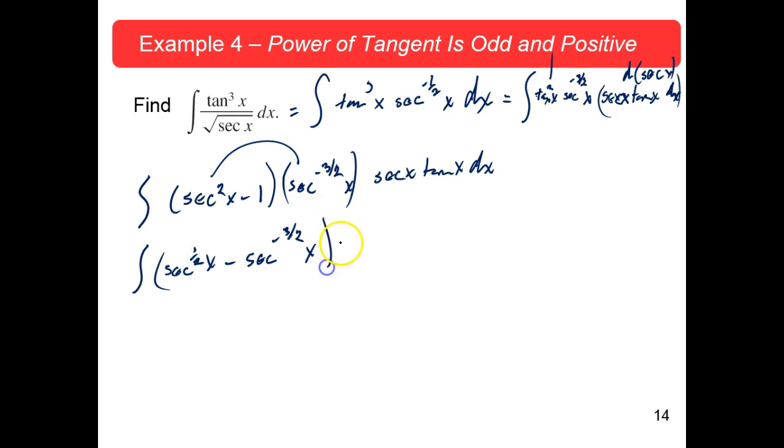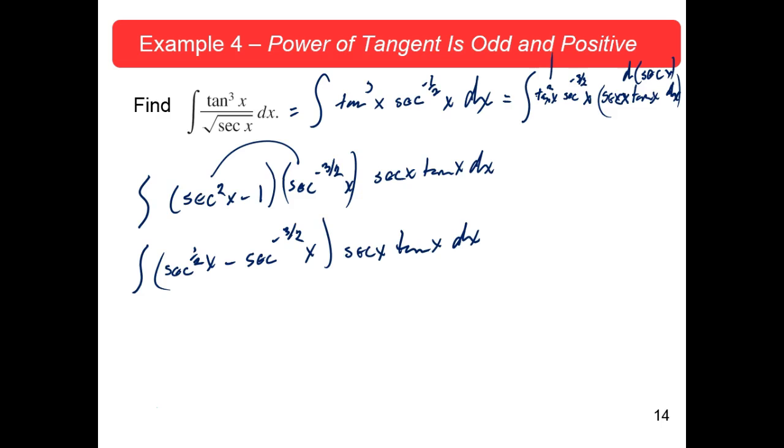I'll put those in parentheses and then do secant x tangent x dx. Sometimes I write too fast and write tangent x as tax. Okay, I'll try not to write too fast.